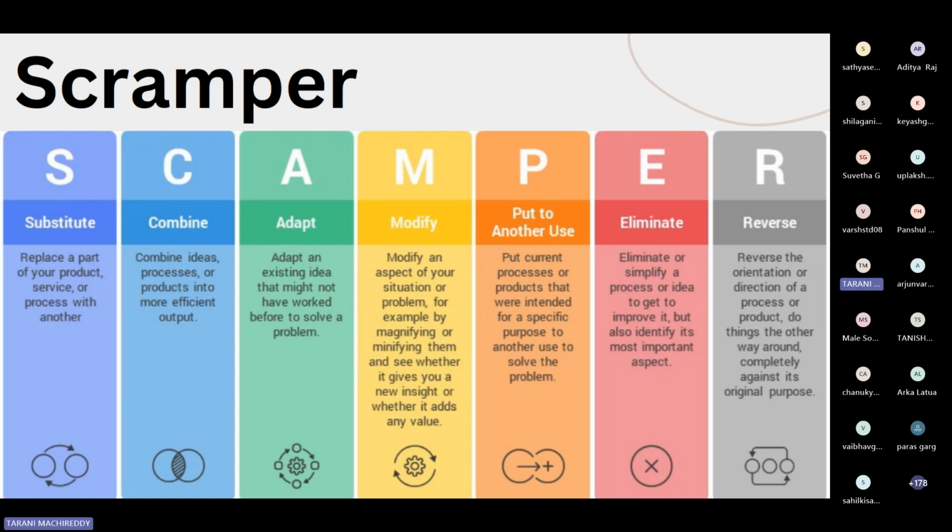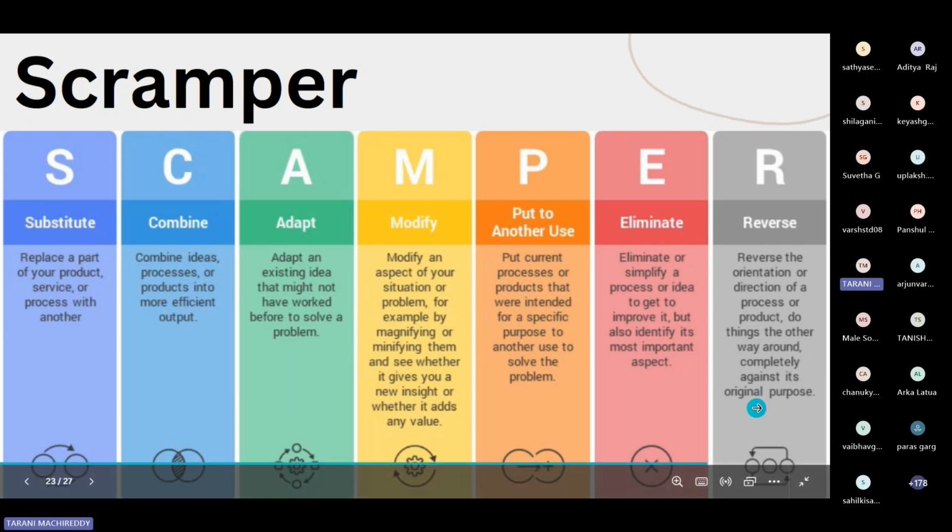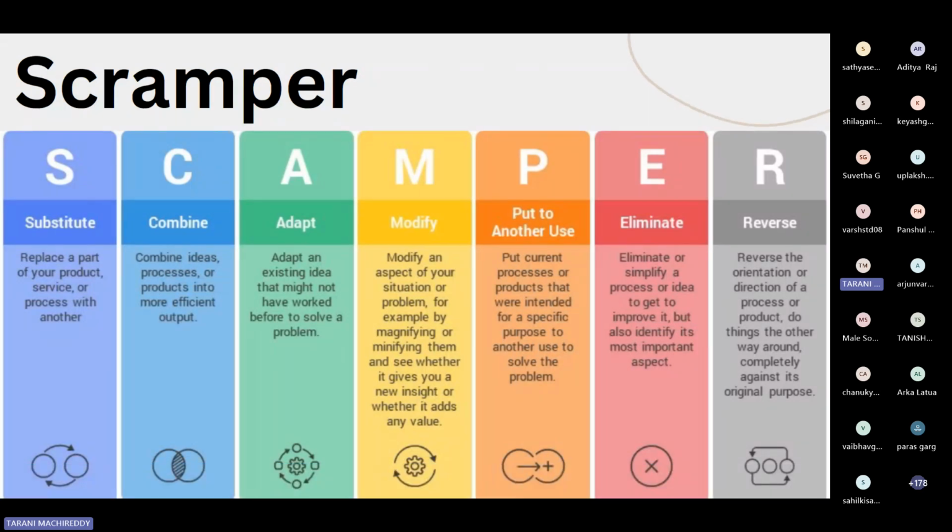Yeah, someone said remove the cap and use a sensor in the bottle. Yeah, please repeat what reverse means. So reverse is, we just reverse the orientation or direction of the process or product we use. If we go in one particular direction, now we'll come to another direction. We'll see from another point of view.